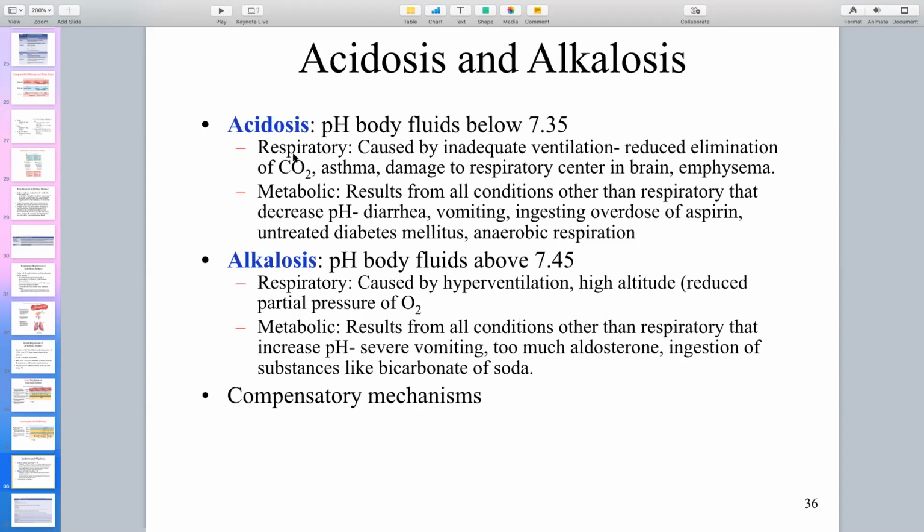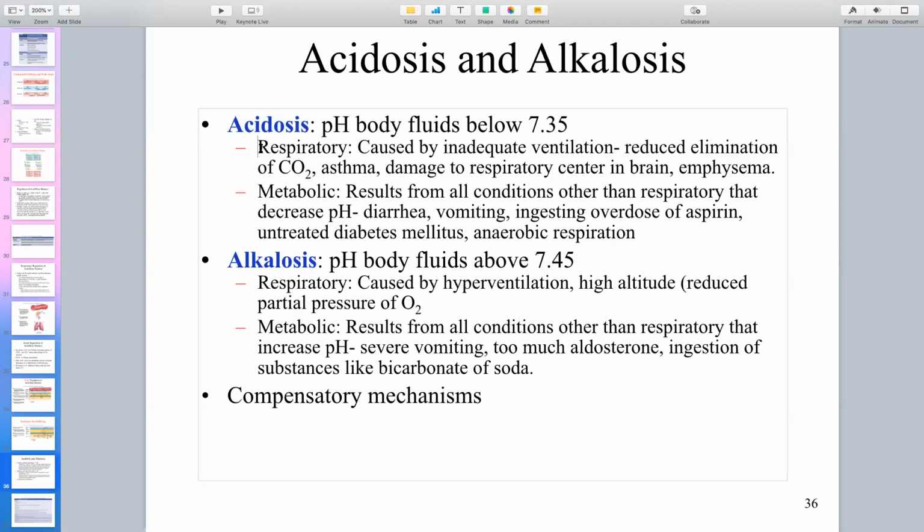There are two primary causes of acidosis and two primary causes of alkalosis. If you know the respiratory and metabolic acidosis, the alkalosis are completely opposite examples. Meaning what? When we have acidosis, pH is below 7.35. Alkalosis, pH is above 7.45. The two causes of acidosis: one, respiratory cause.